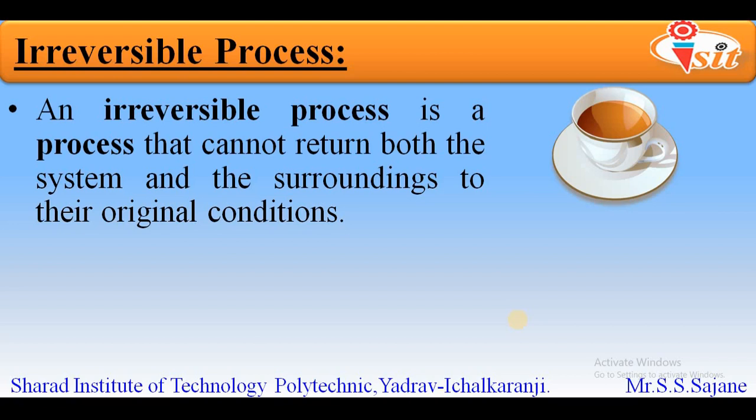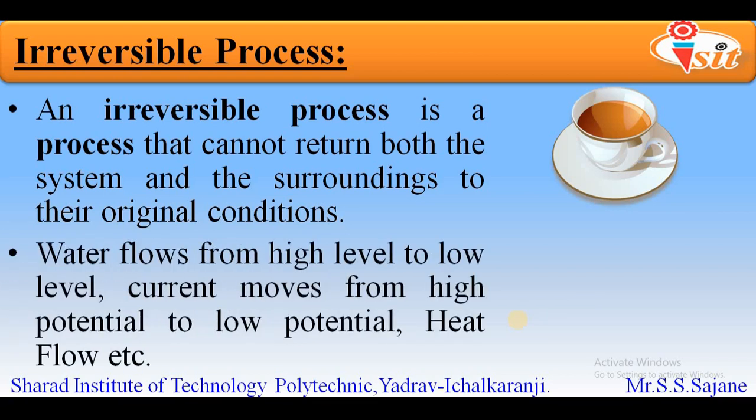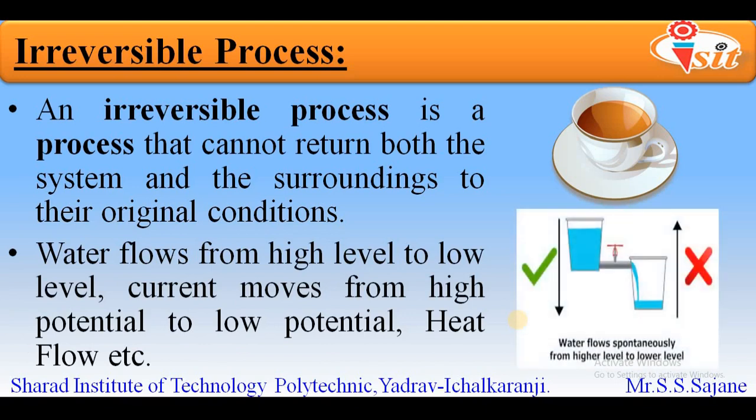Another example for irreversible process is shown in the second diagram. This is an interesting example because many students will get confused with it. If the question is asked whether the process is reversible or not, many students will get confused because it is the same example which we have already seen while explaining the Clausius statement.